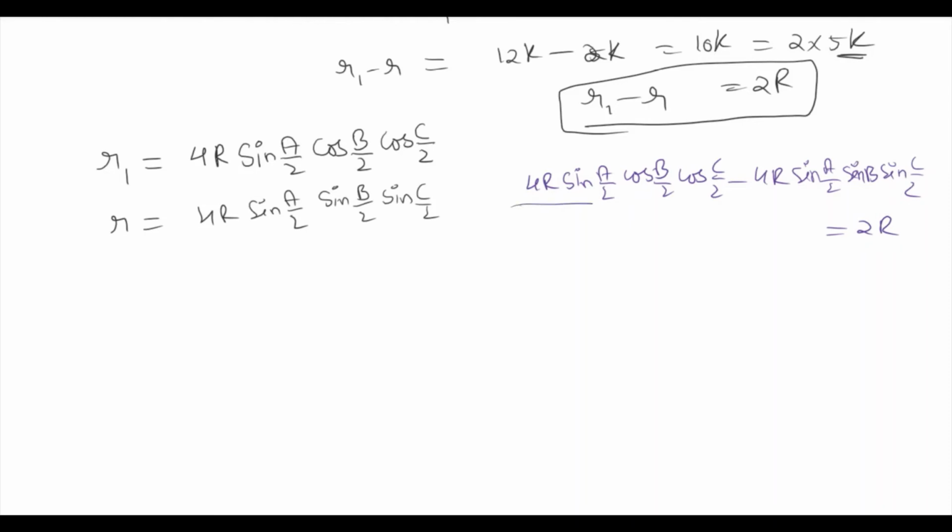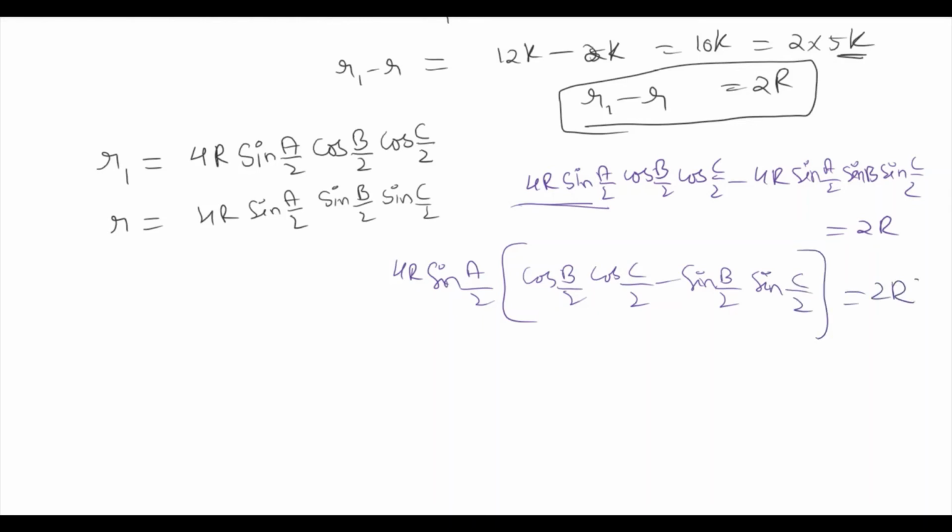In this I can take out 4R sin A/2 as common, so cos B/2 into cos C/2 minus sin B/2 into sin C/2 equals 2R. 2R and 2R get cancelled, so this is 2 into sin A/2.